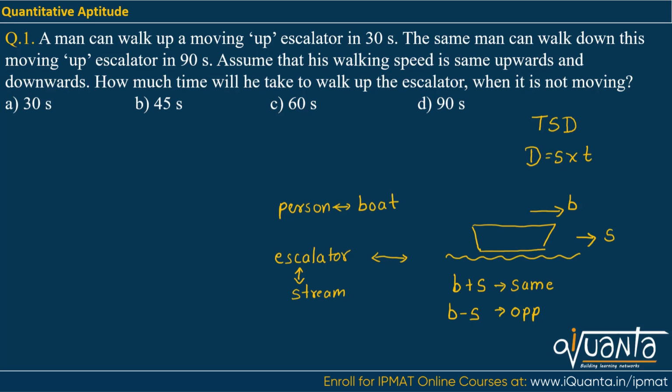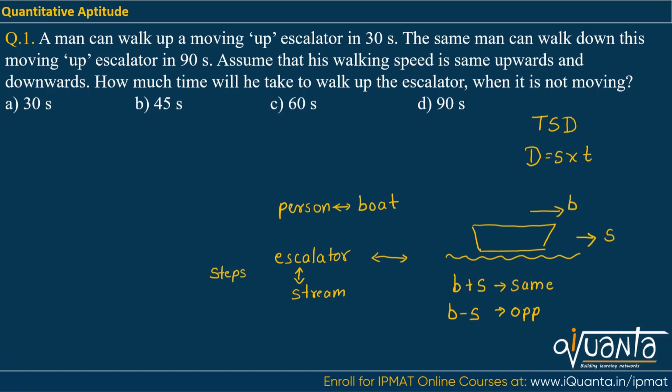So one thing that you might have seen in an escalator is that it has a certain number of steps on it. So that means the man who is on the escalator has to climb a certain number of steps. While in boats and streams, the boat has to cross a particular distance, flowing with or opposite to the stream. So the distance in case of escalators is taken as steps.